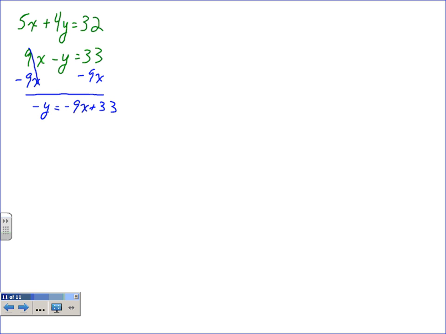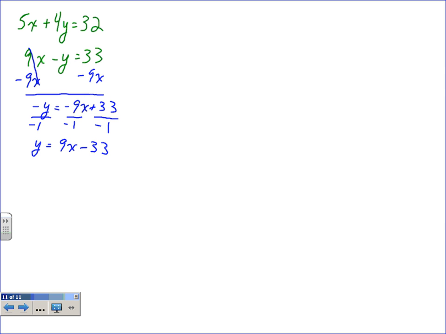And then what? Divide by negative 1, right? Notice I'm dividing all three. Here I get a positive y, here I get a positive 9x, and then negative 33. That's what y is equal to.